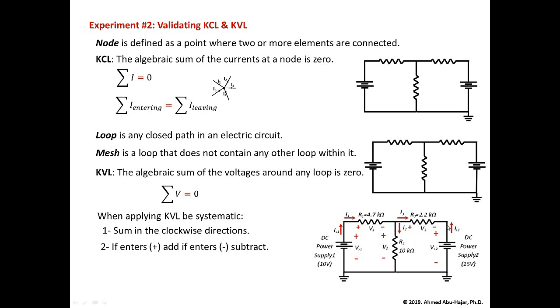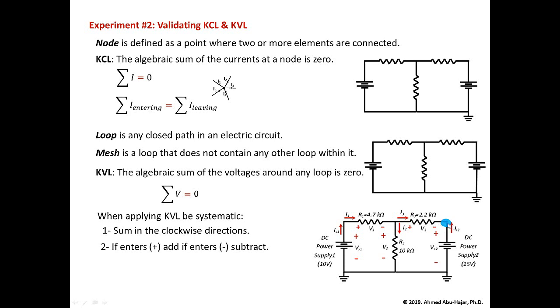Finally, at this node, you're going to break this element, which is the power supply, from the circuit, connect the DMM in series, and you want to make sure that the arrow enters the plus polarity. So the plus polarity to measure IS2 should be going from the power supply into the circuit. So when you use the ammeter to measure the current, you want to make sure that the arrow enters the plus polarity again.